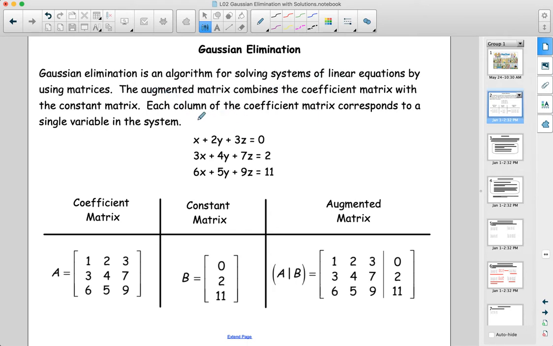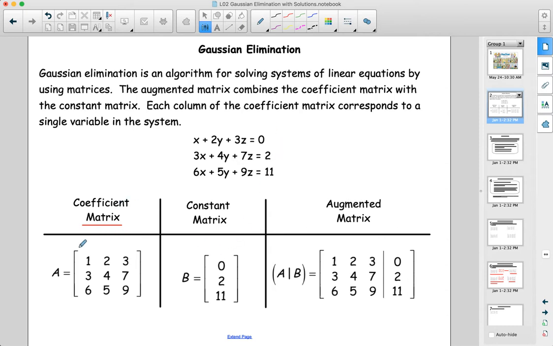What's nice about it is instead of working with all of the variables, we just work with the coefficients and the constants. So we're going to create what's called an augmented matrix, and we're going to combine the coefficient matrix with the constant matrix. The coefficient matrix is obtained by using the coefficients: 1, 2, 3 from the first equation, 3, 4, 7 from the second, 6, 5, 9 from the third, and then the constant matrix is 0, 2, 11.